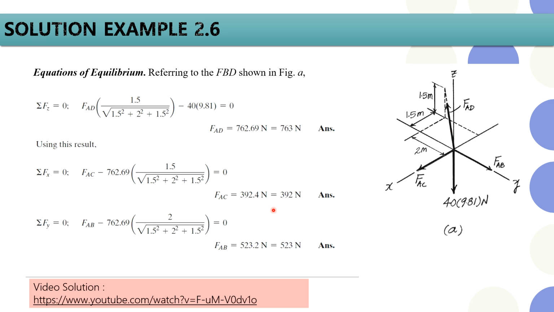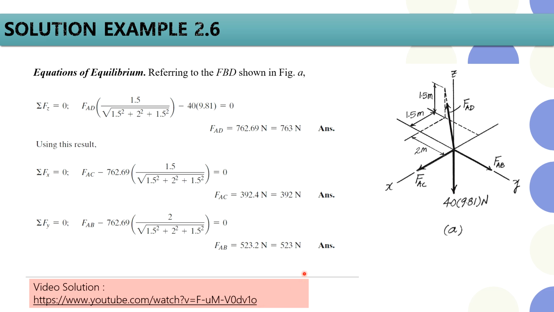So you will get the force of AC equals 392 newtons and force AB at about 523 newtons. You can also refer to the video solution for this particular example at this given YouTube link here.